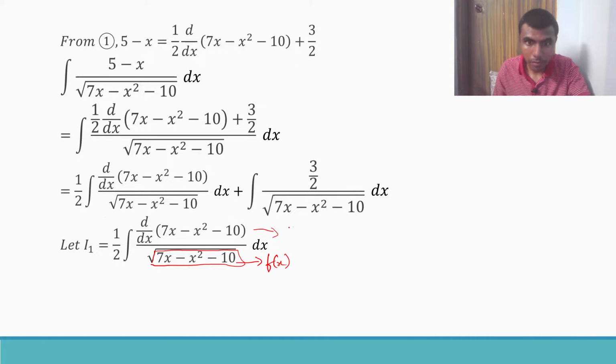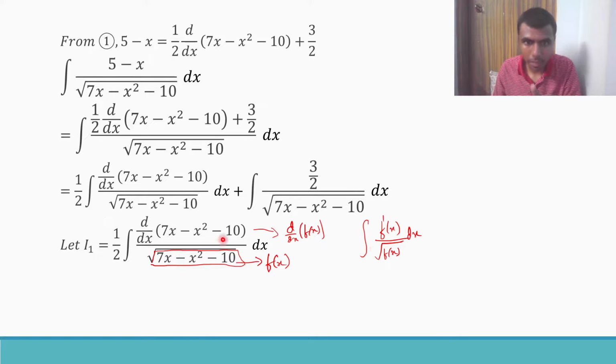That means this is the derivative of f of x, d by dx of f of x. In the numerator I have d by dx of f of x. In the denominator I have root f of x. See, once again I am telling. So basically I have something like integral f dash x divided by root f of x dx. This is what I have.